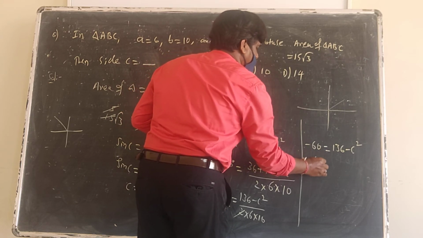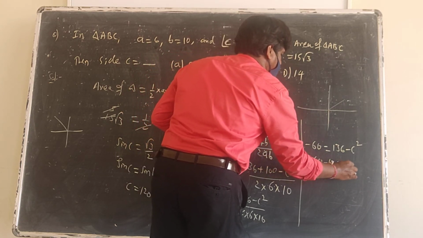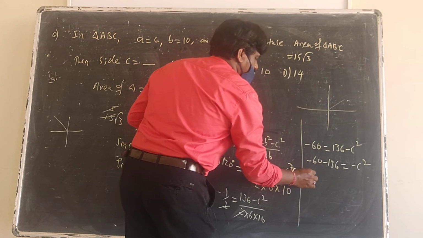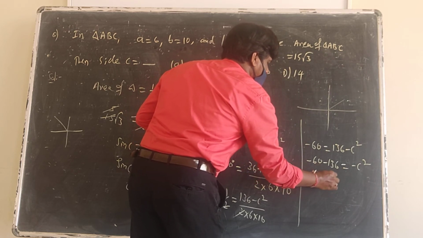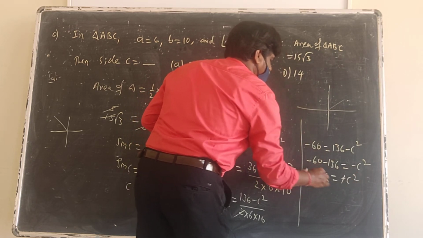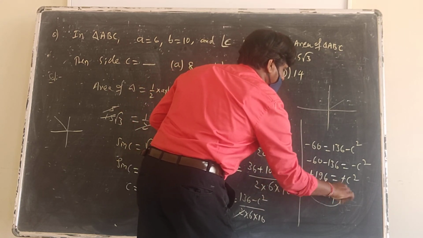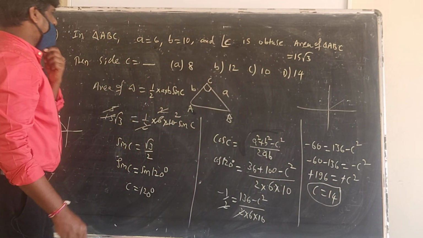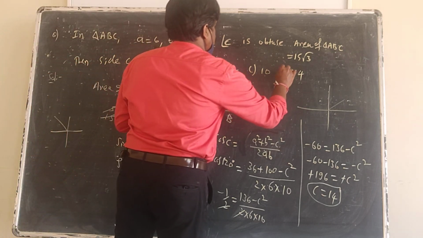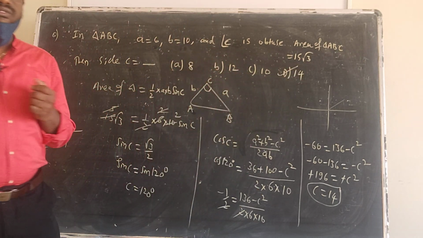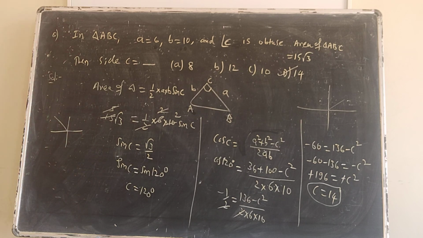So minus 60 minus 136 is equal to minus C square. So minus 196 is equal to minus C square. Minus minus cancel. C is equal to 14, the square root of 196 is 14. So C is equal to 14 is the right answer. So the D option is right. He is asking to find the length of the side, and 14 is the right answer. Okay, hope you understand.